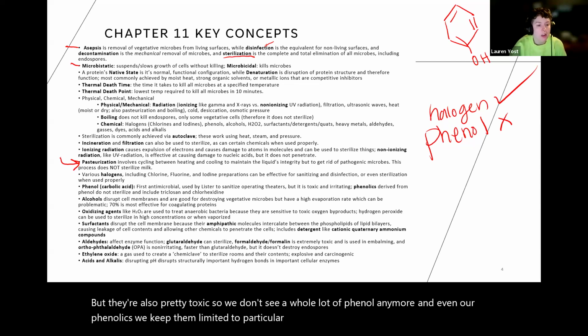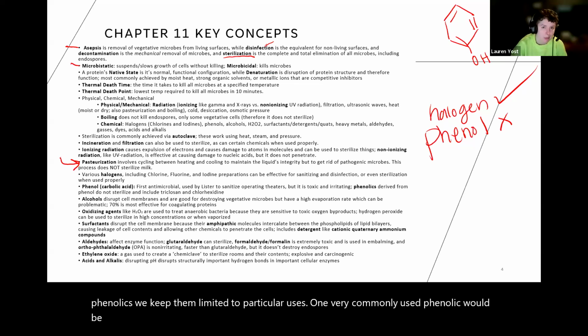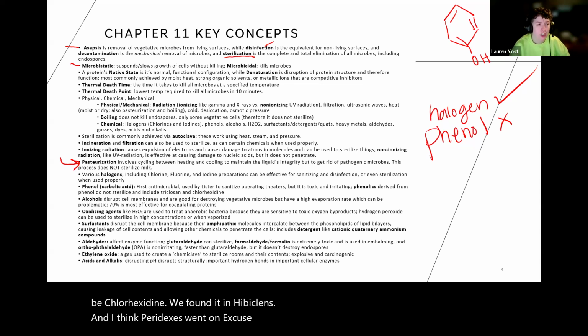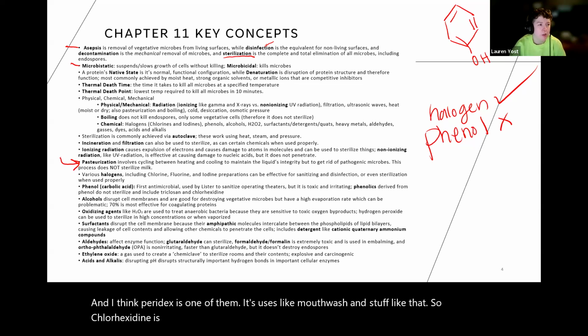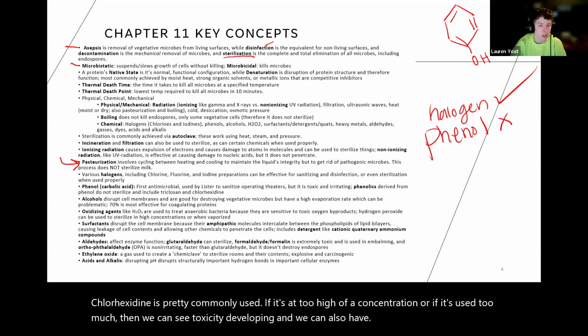One very commonly used phenolic would be chlorhexidine. You find it in Hibiclens, and I think Peridex is one of them. It's used as mouthwash and stuff like that. So chlorhexidine is pretty commonly used. If it's at too high of a concentration or if it's used too much, then we can see toxicity developing, and we can also have allergies to them.